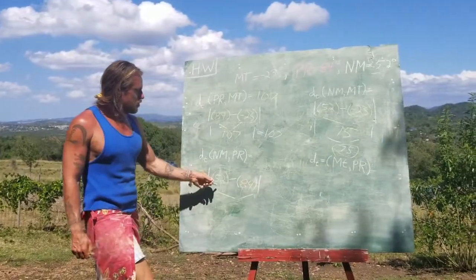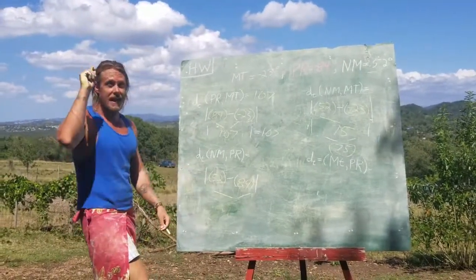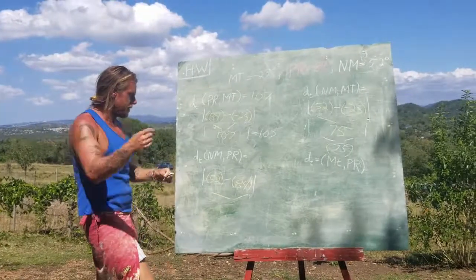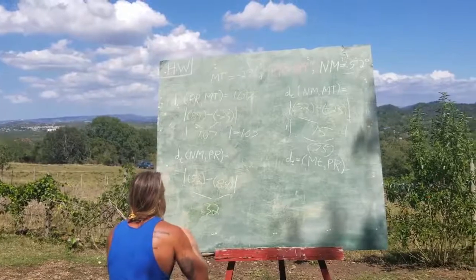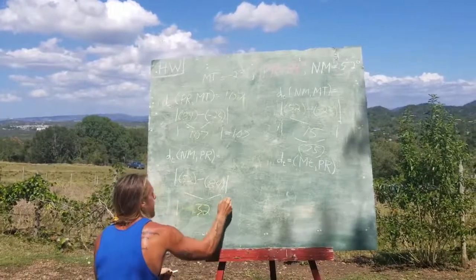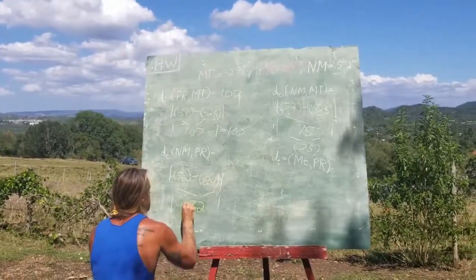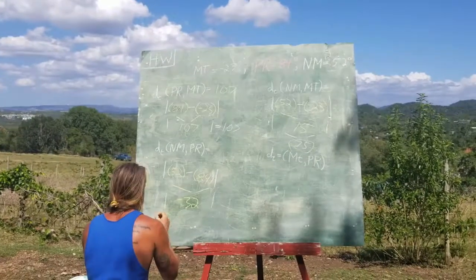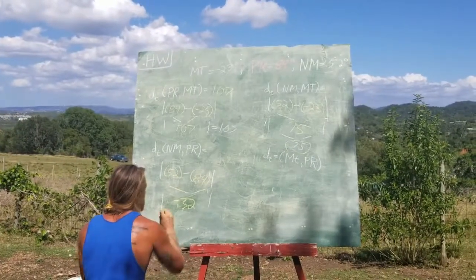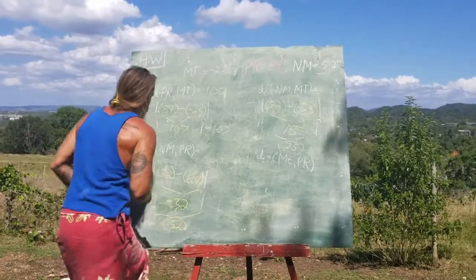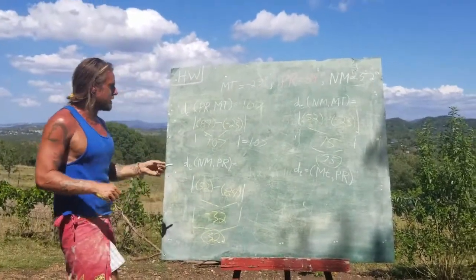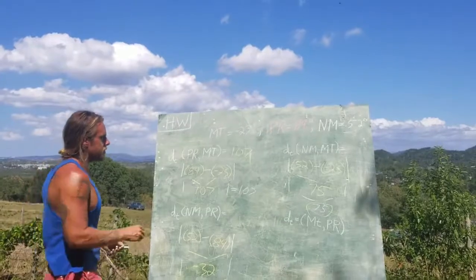So 52 minus 84 is a negative 32. Take the absolute value of negative 32. And that, of course, is a positive 32. So the difference in temperature between New Mexico and Puerto Rico is 32 degrees.